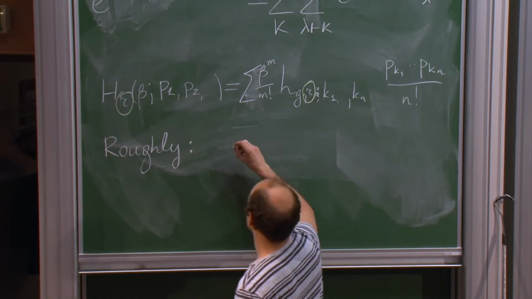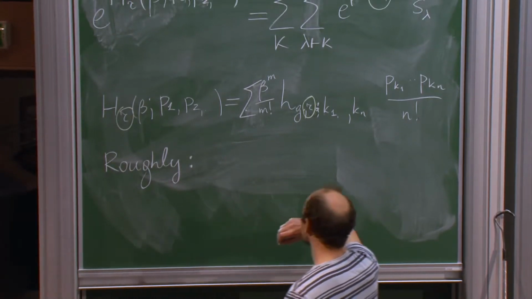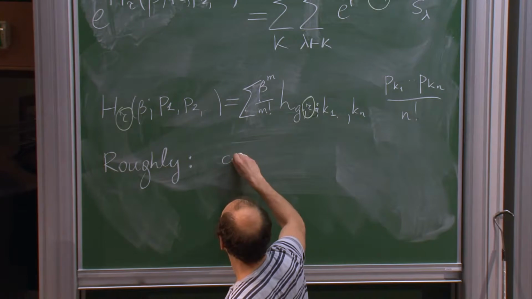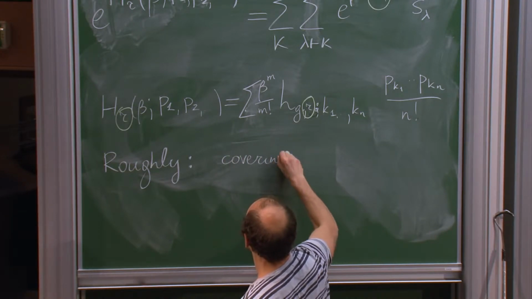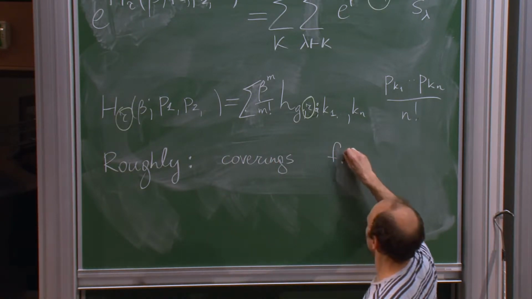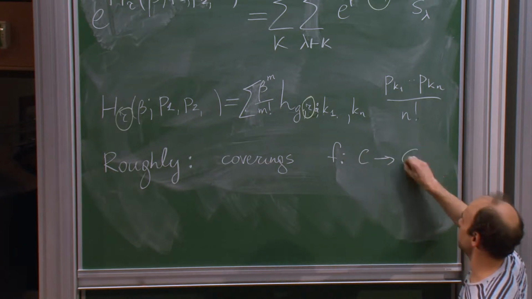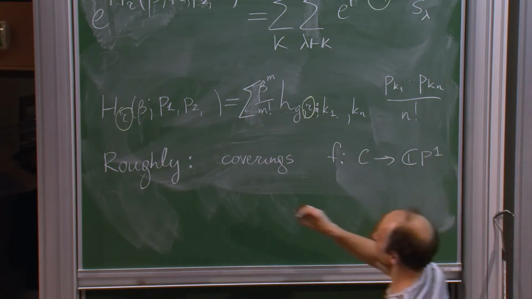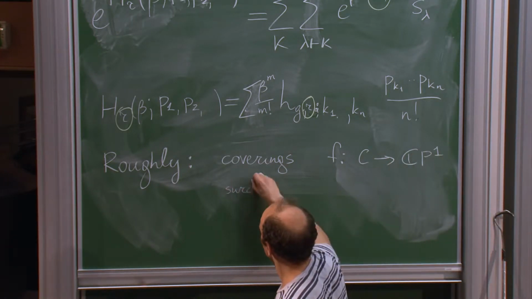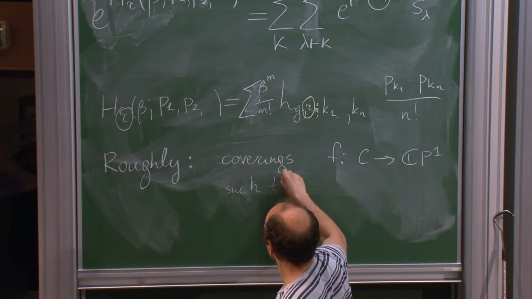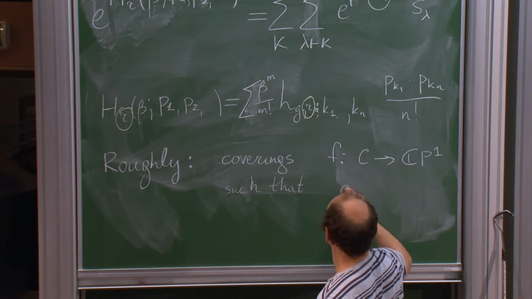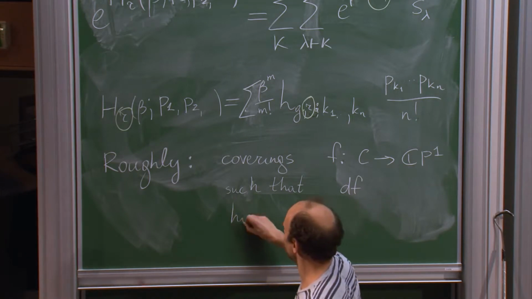These are coverings from a genus g surface to CP1 such that df has an r-th root.